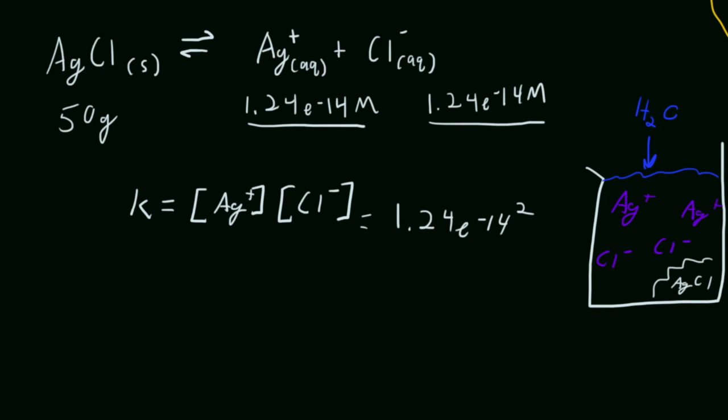So it's a helpful tip when we work on solubility products. And we end up with a Ksp, a solubility product, of 1.54 E negative 28. There we go. That's an introduction and a quick overview on how to calculate our equilibrium constants.